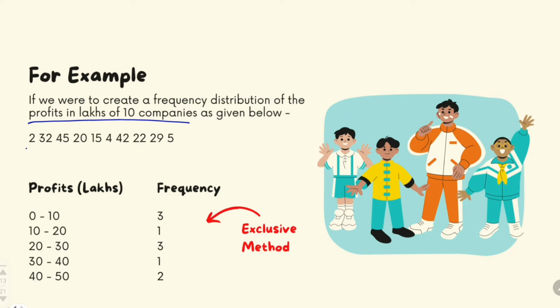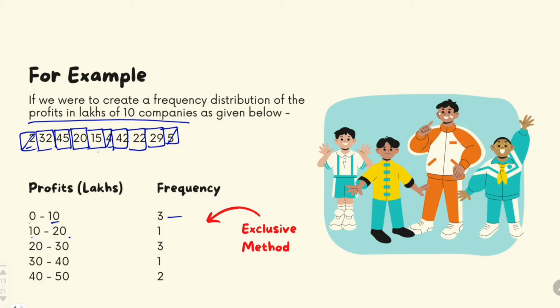The first company had only 2 lakh profit, the second company had 32 lakhs, third had 45, fourth is 20, 15, 4, 42, 22, 29, 5, like that it goes. So for 0 to 10 lakhs I have 2, then 4 and 5, so frequency was 3. Then 10 to 20 lakhs.